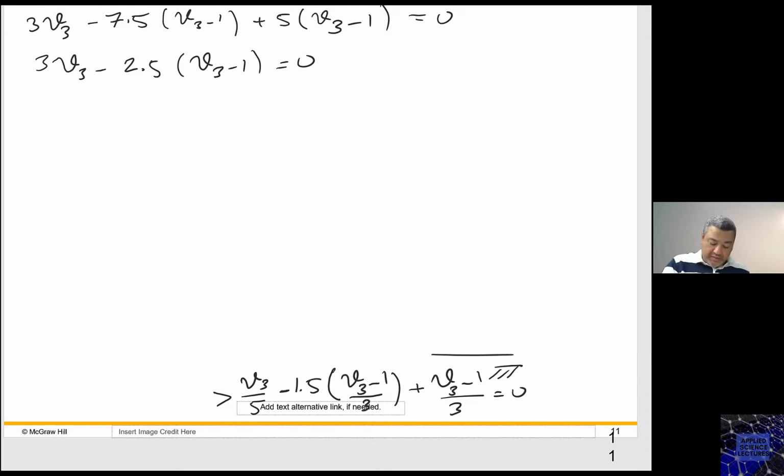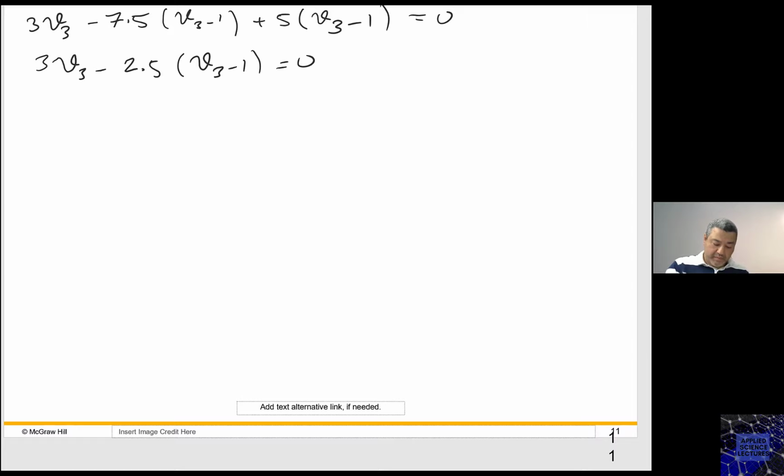And then now we can delete this. Simplifying this further, 3 V3 minus 2.5 V3 plus 2.5 equals 0.